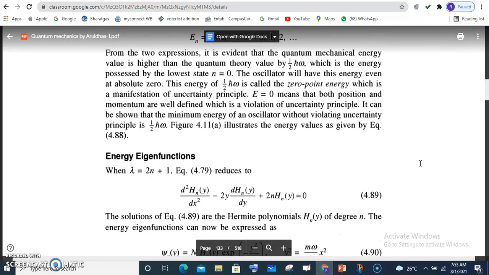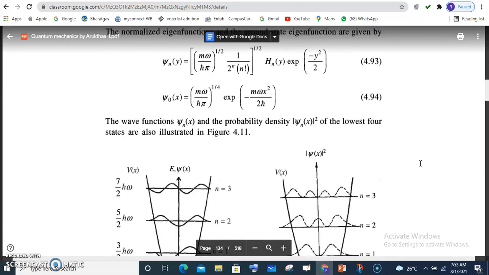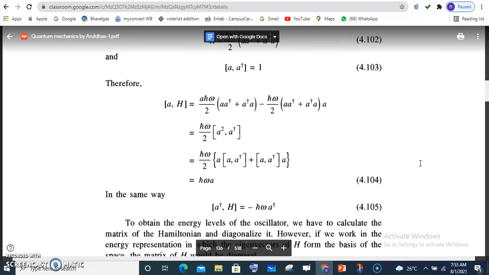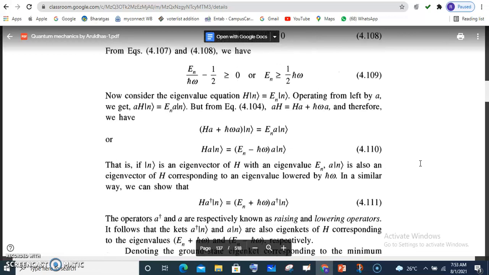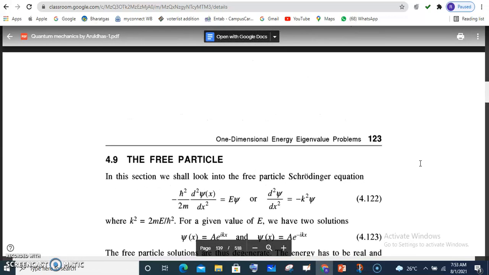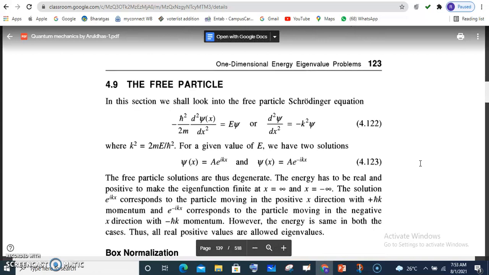So we are going to consider such a free particle having mass m and moving along the x-axis, for making the mathematical calculation easier, and no net force acting on it.